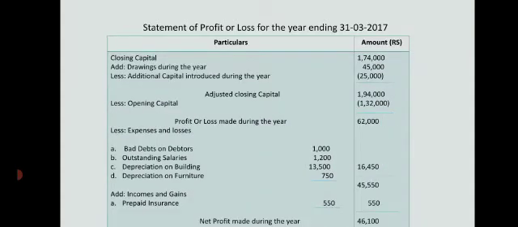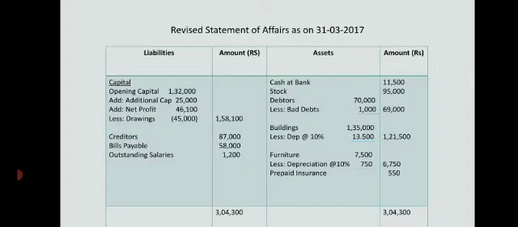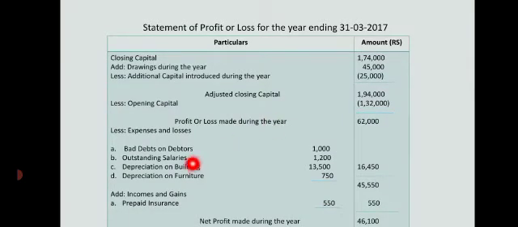So in this statement, I have written here as depreciation on building 13,500. Same way, we are supposed to calculate it for furniture. So the book value of the furniture at the end of the year is 7,500. So calculate 10% of 7,500, you will get 750. So again, depreciation is a provision which is made against a fixed asset.